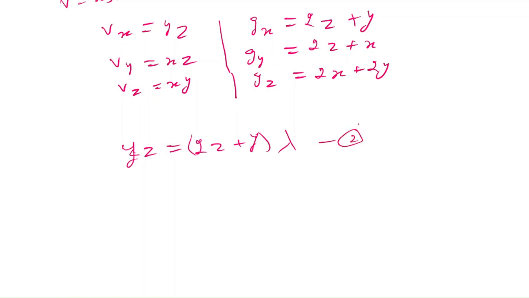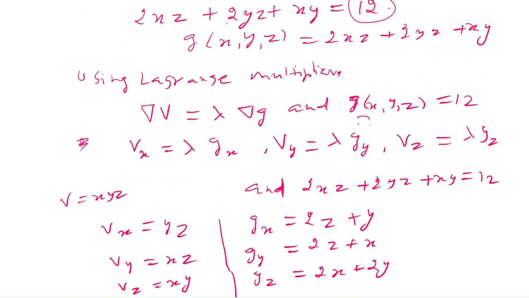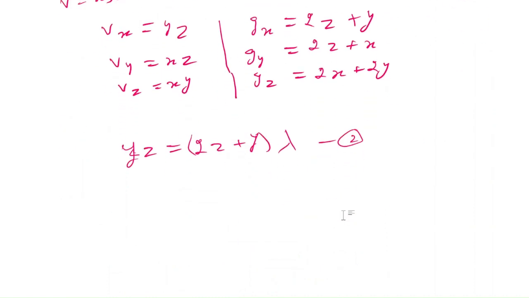The number 1 is this all together: vx equal to lambda gx, vy equal to lambda gy, and vz equal to lambda gz, all together considered as 1. So from 1 we are writing this.